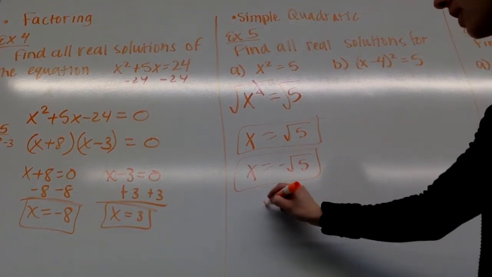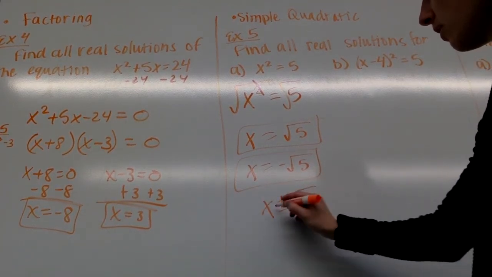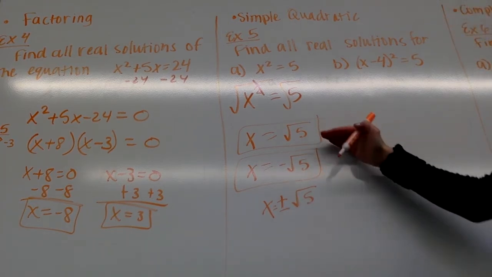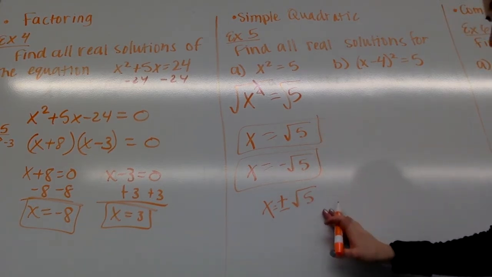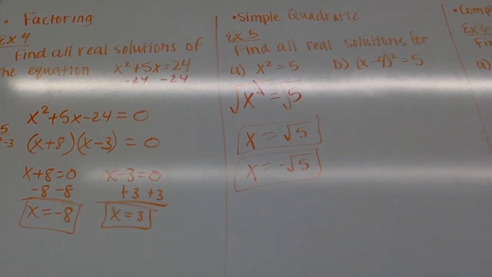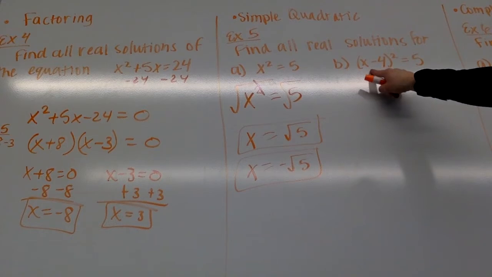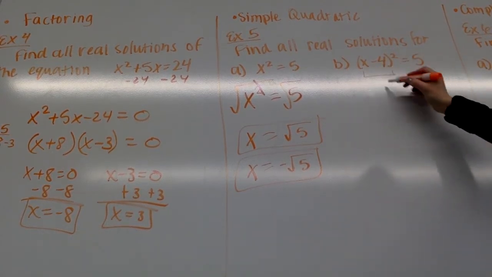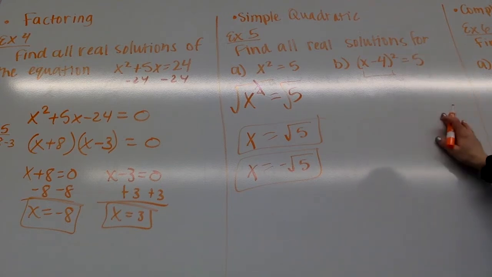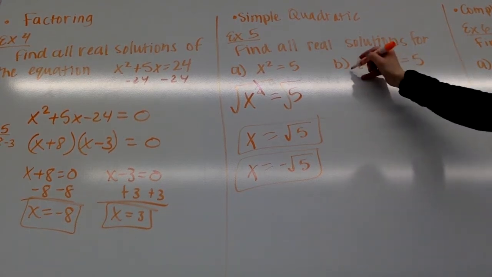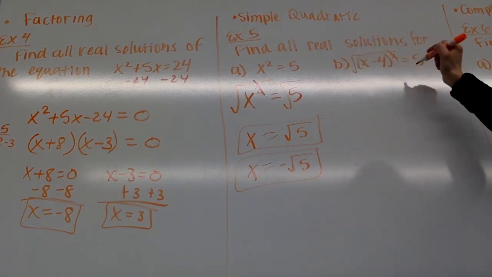You could also write it as x equals positive or negative square root of 5 if you would like to, but it's helpful to write it as two different answers so that you know it's two different answers. Okay, and then b is actually, if you think about it, pretend this whole thing is like an x squared equals 5, so you can actually do the same thing. This whole thing is squared, so you can square root the whole thing and that goes away.